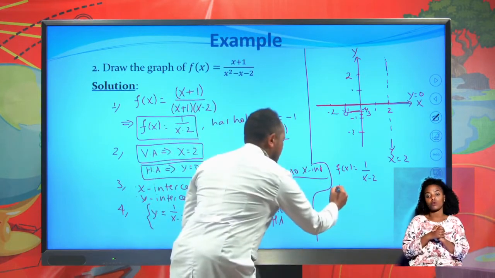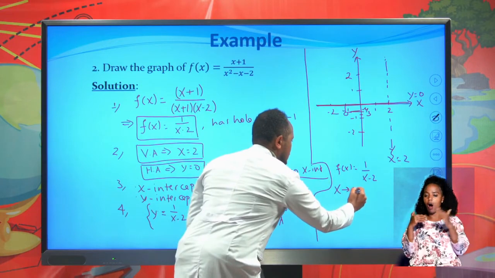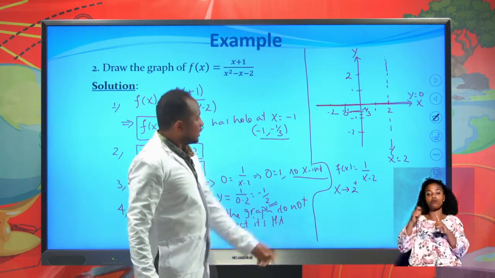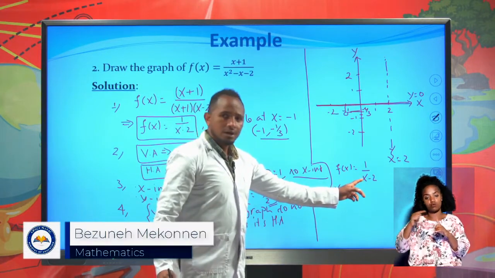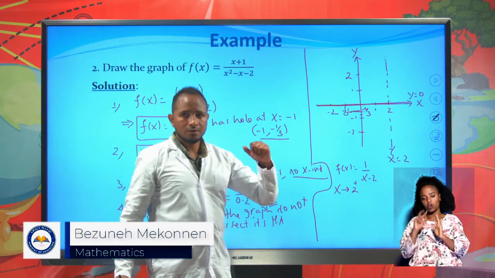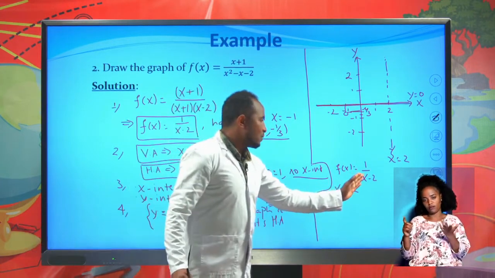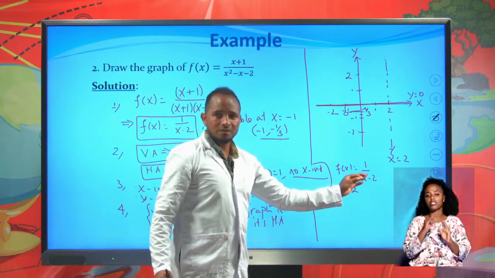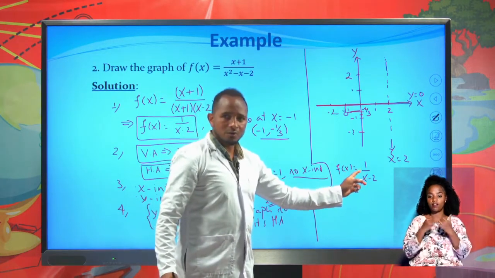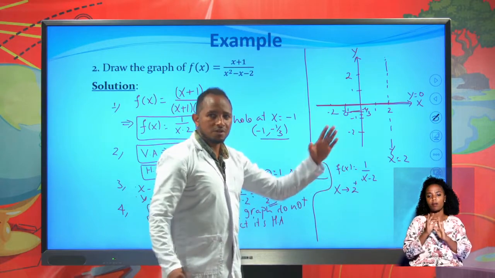When x approaches 2 from the right, this means 2 point something, almost 2.0001. So 2.0001 minus 2 is a very small positive number. 1 divided by a very small positive number gives you positive infinity.